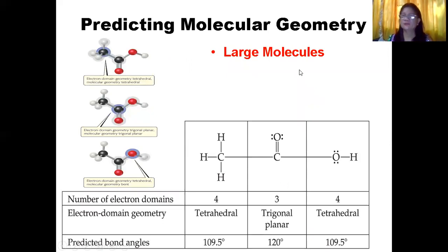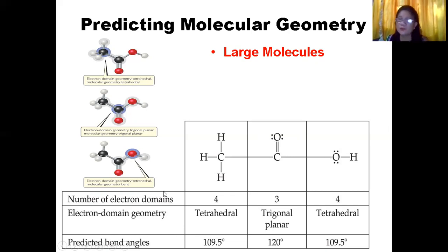Let us now predict molecular geometry in a large molecule. For instance, we have it here. This is CH3COOH. Actually, this is ethanoic acid. CH3, then C double bond O, then OH.